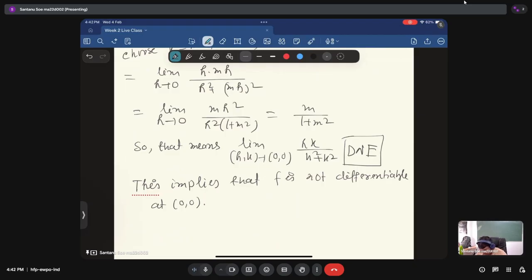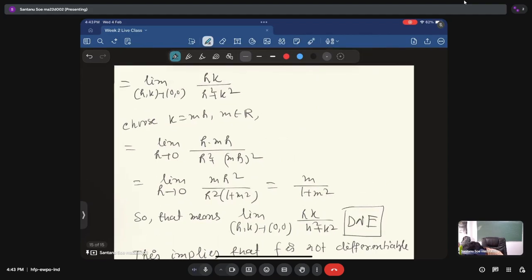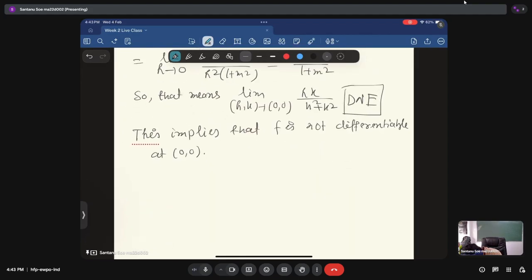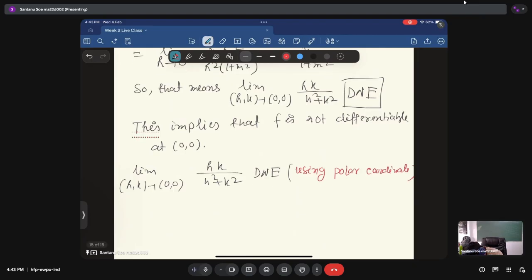Now this we can also check using polar coordinates, that this limit does not exist. So what are we going to do?